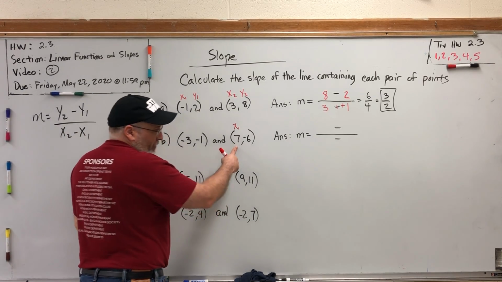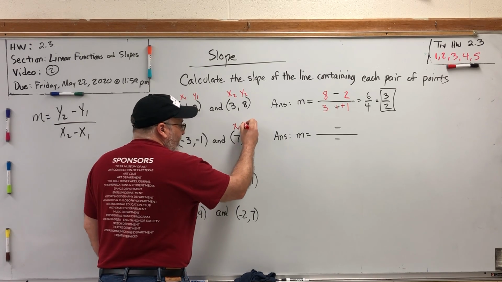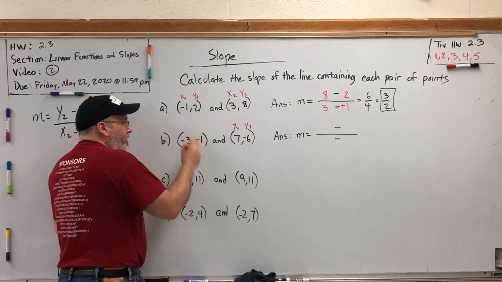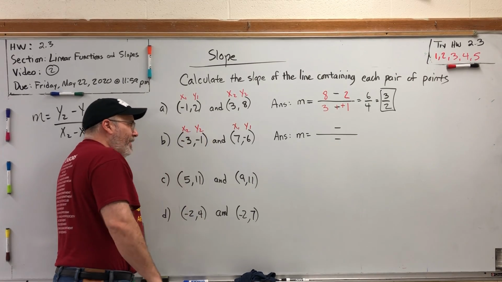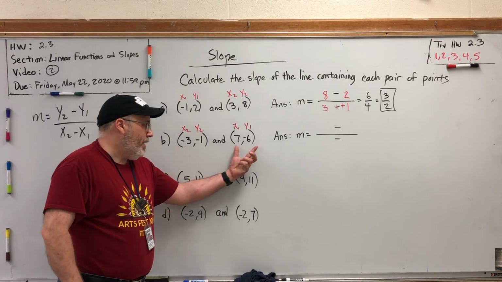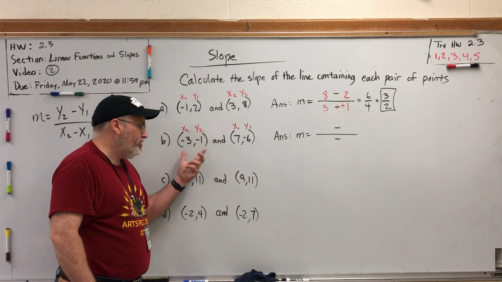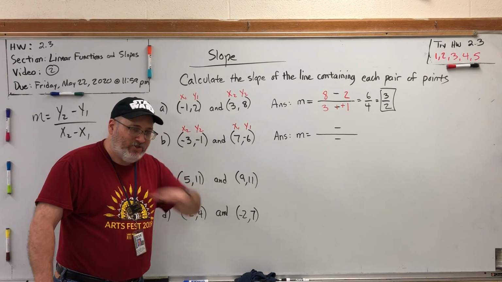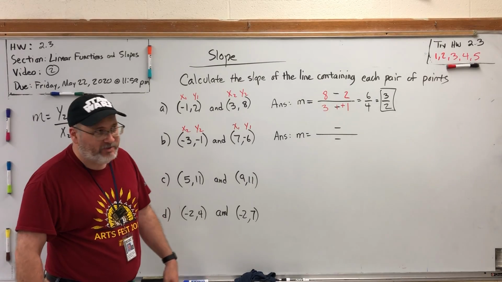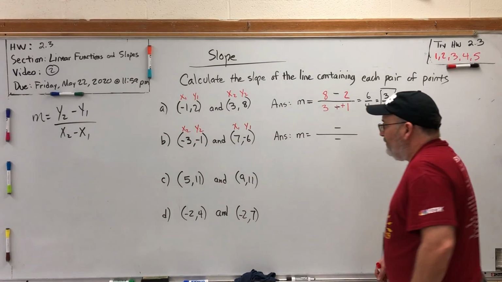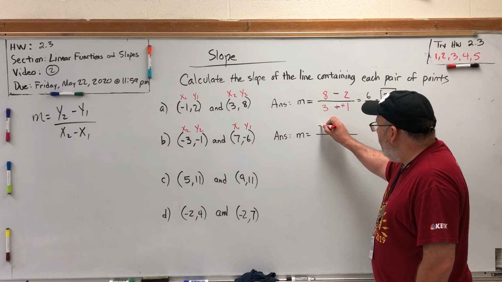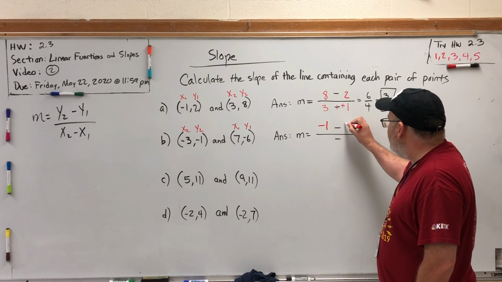If we happen to call this the first x, then -6 is the first y, -3 is the second x, -1 is the second y. Again, I can do that because if I wrote the second ordered pair first and this first one second, I'm still going to draw the same line. It should give me the same slope. So let's see what happens if we set it up this way. Second y is -1 minus the first y, -6.